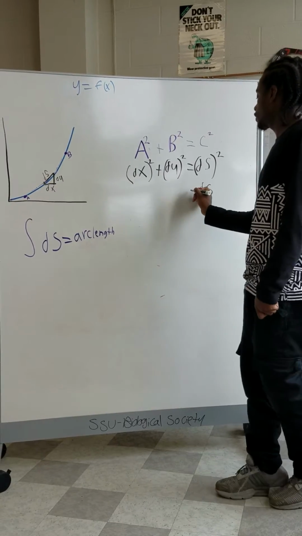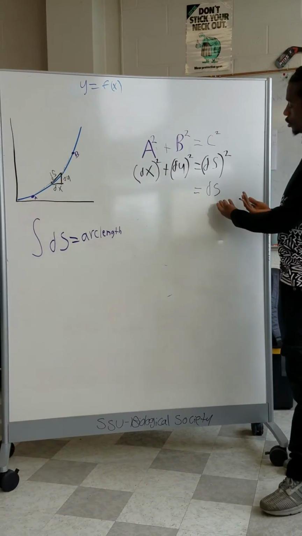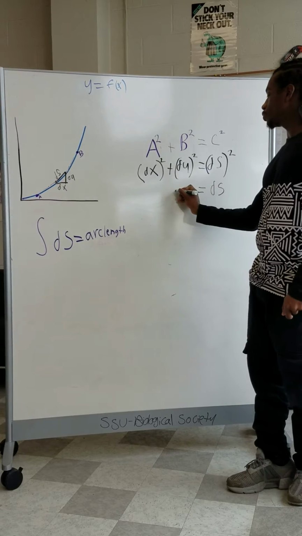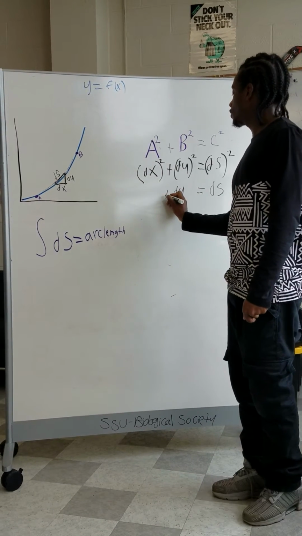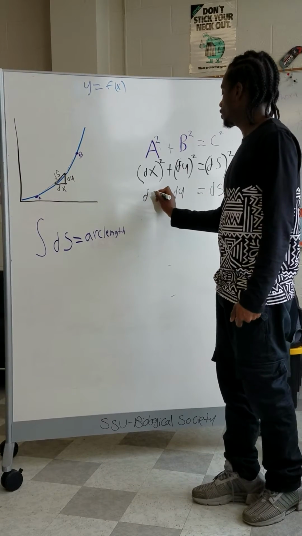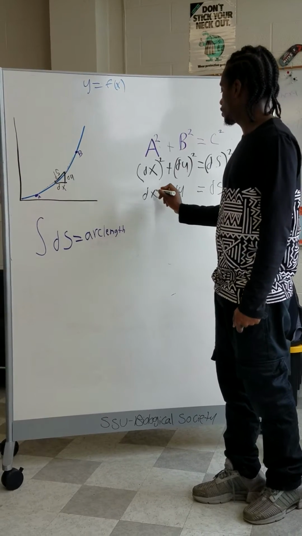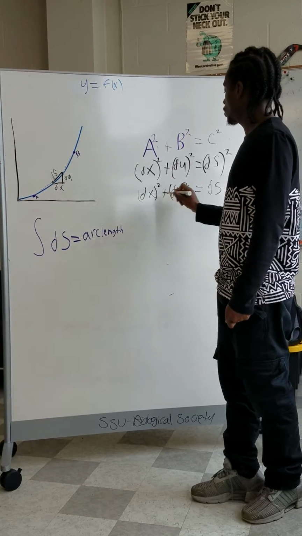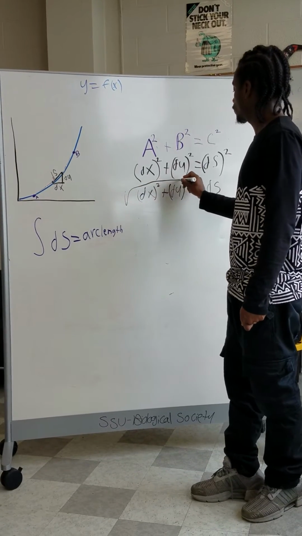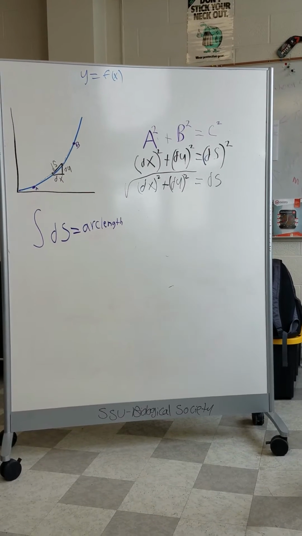So ds is equal to the square root of dx squared plus dy squared. So we got the square root of both sides.